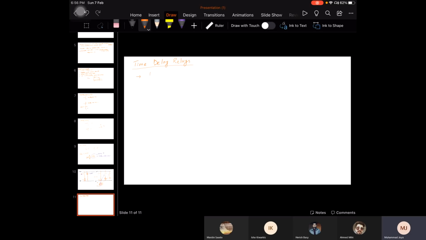One is known as pickup delay, and the other one is known as dropout or release delay. These are the two types.